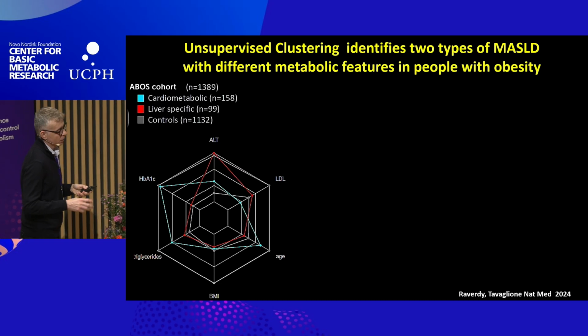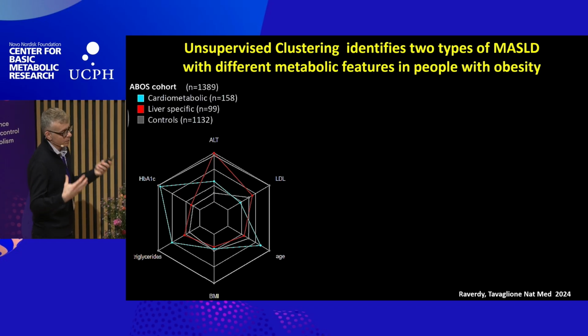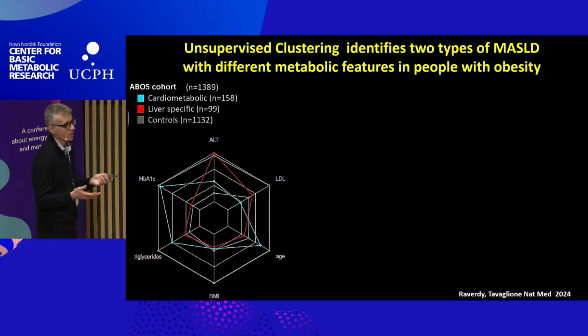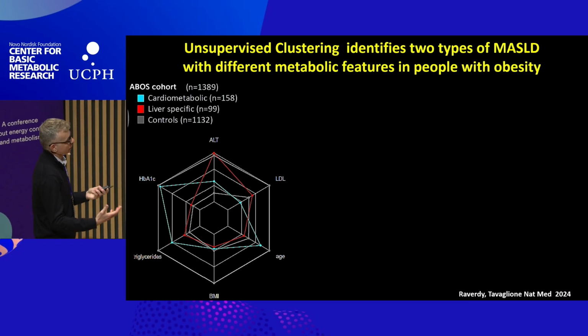So the analysis was done in a cohort of bariatric surgery people, almost 1400, in which there was liver biopsy, and it used an unsupervised clustering model. This is called k-means clustering. And so when you fed all these parameters, the software came up with 3 different clusters.